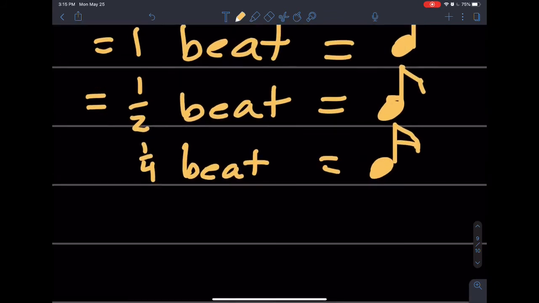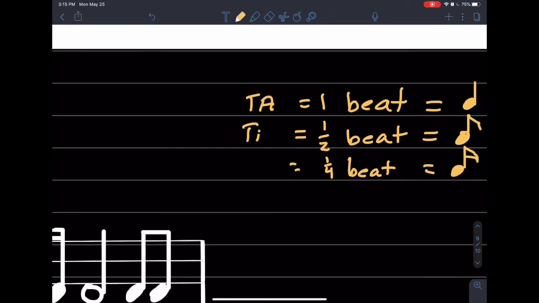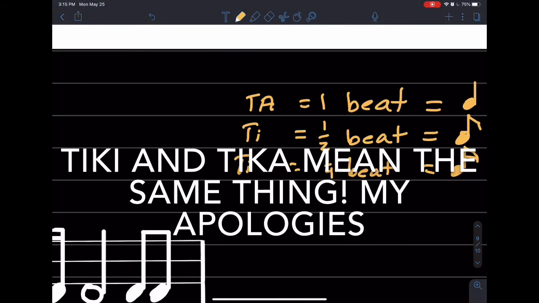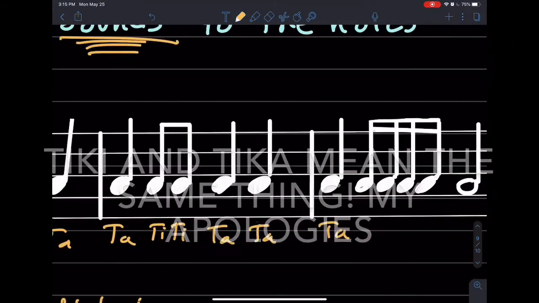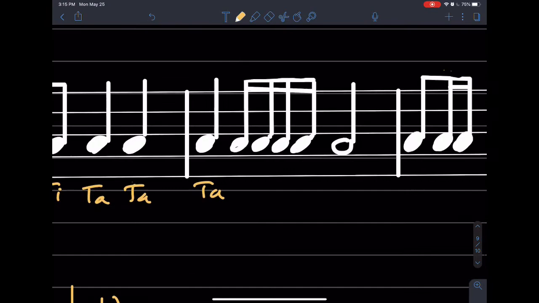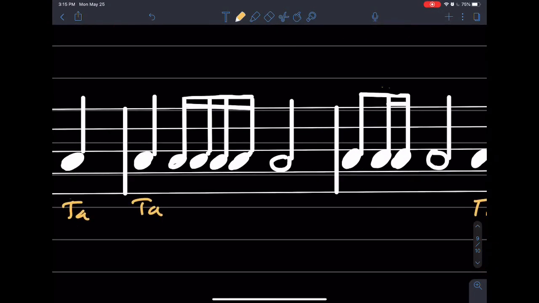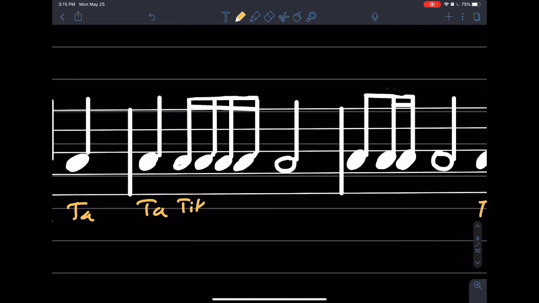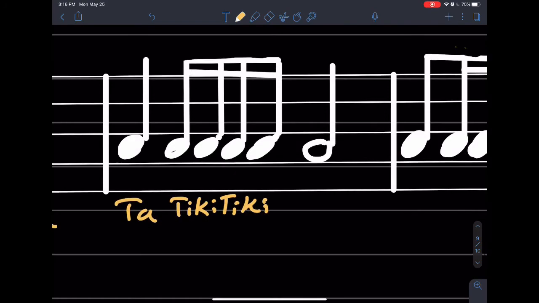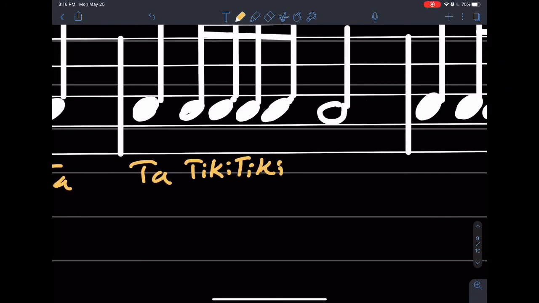Just like we did before, we're going to write ti, or tika if there's 2 of them in a row. So let's find all of our 16th notes and write in tika. Notice how if there's 4 16th notes in a row, I wrote tika, tika.